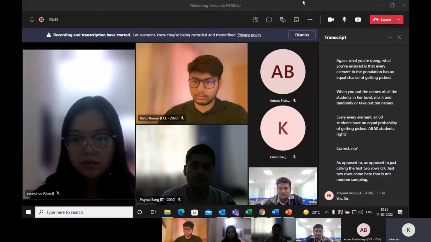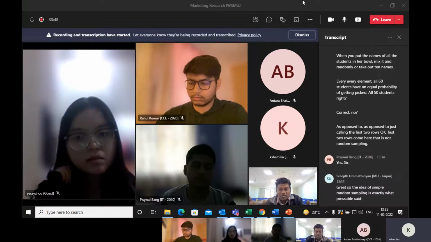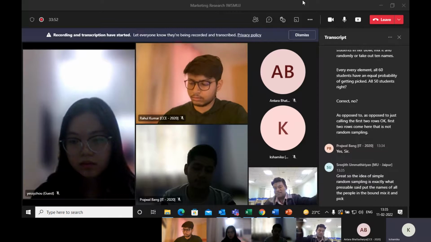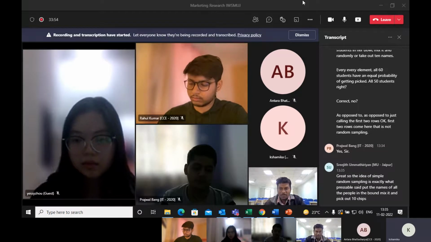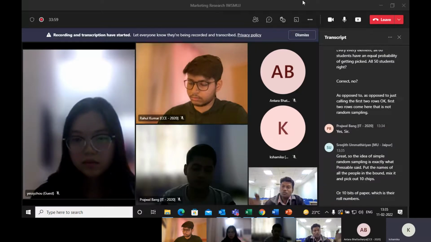So the idea of simple random sampling is exactly what Prajwal said. Put the names of all the people in the bowl, mix it, and pick out 10 chits or 10 bits of paper, which are their roll numbers. And then you measure their heights.